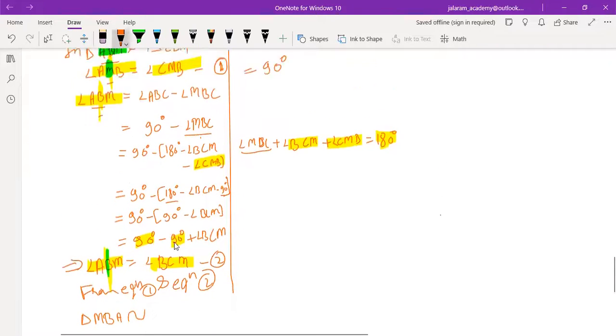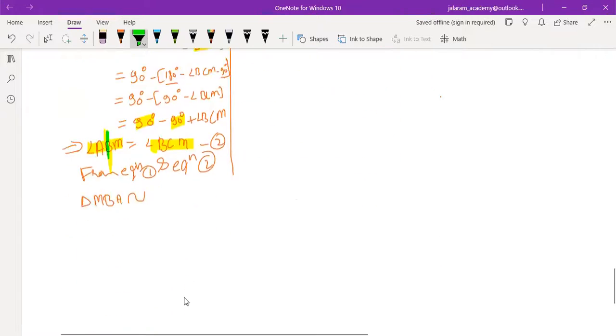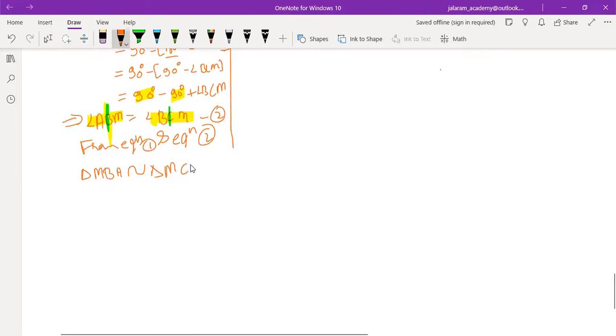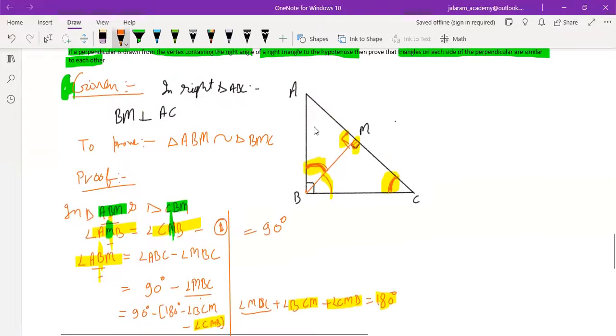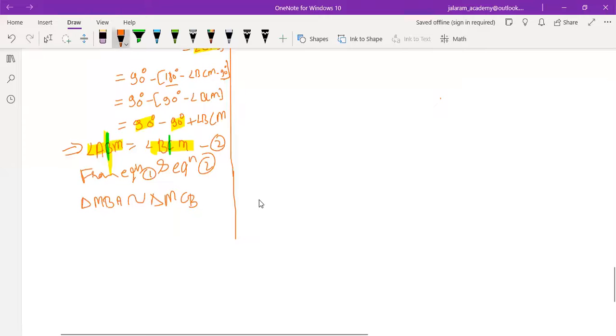Is similar to, then on the right hand side, the first angle we are using of triangle CBM is M. So we write triangle M, then the second angle which we are using is C, so we write C. And the third is B. So triangle MBA is similar to triangle MCB.